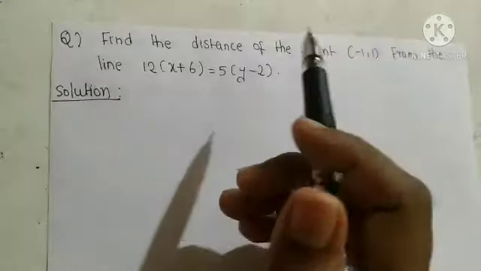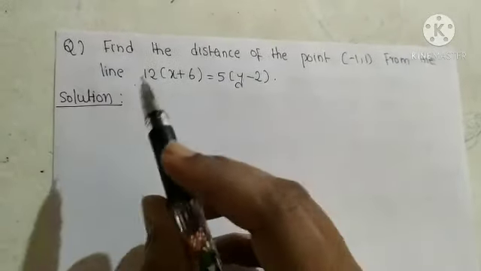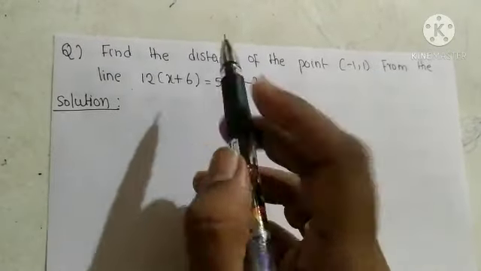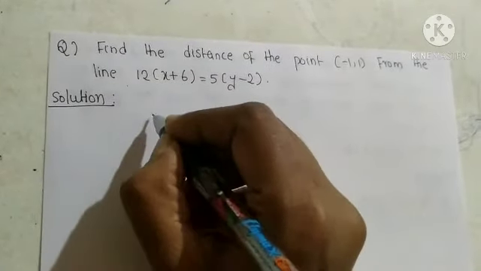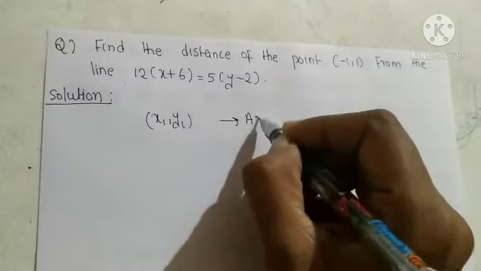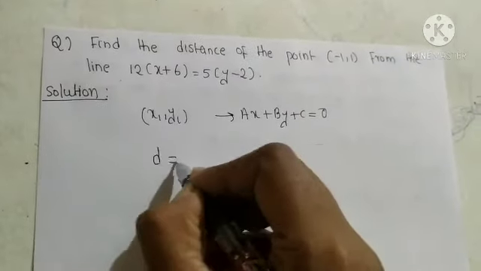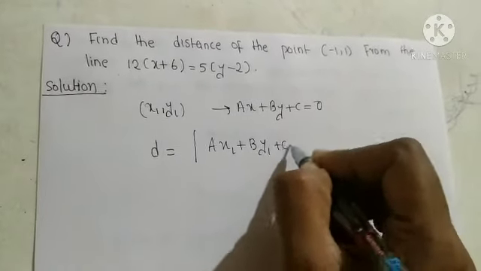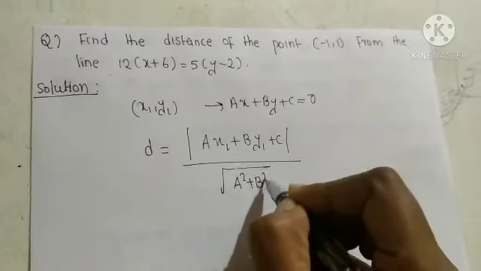Here we need to find out the distance of a point from the line, and we know that the formula for finding the distance of a point x1 y1 from the line ax plus by plus c equal to 0 is d equal to mod ax1 plus by1 plus c divided by root of a square plus b square.